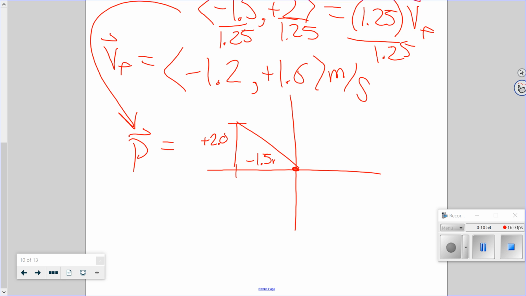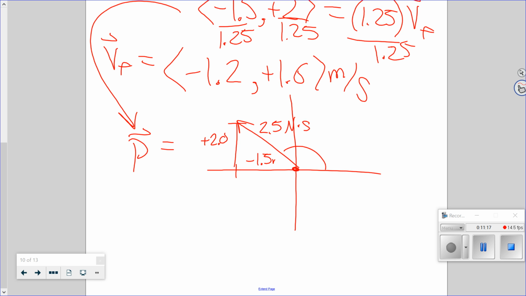I might ask for either one. But if I have in the x direction minus 1.5 newtons and plus 2 in the y direction, that makes my hypotenuse 2.5 newtons, and its angle is how much?